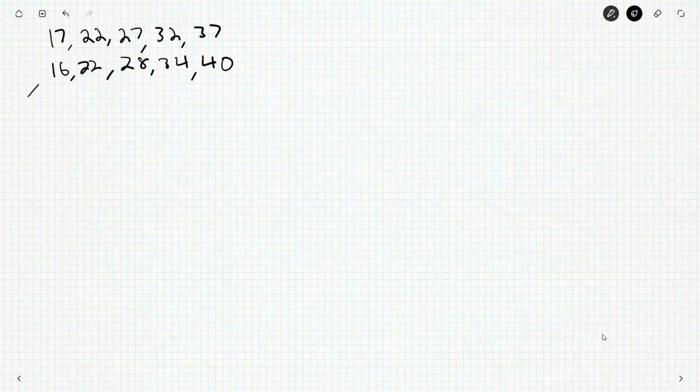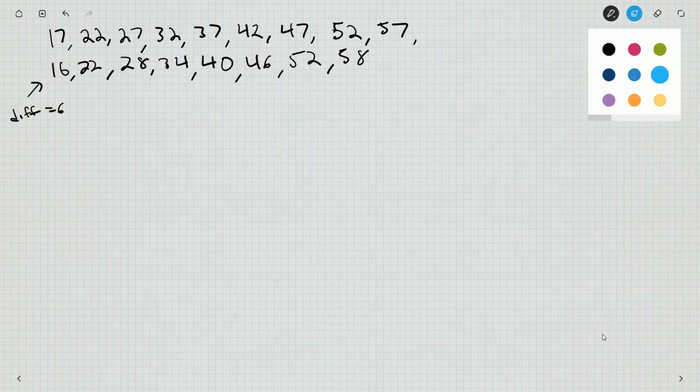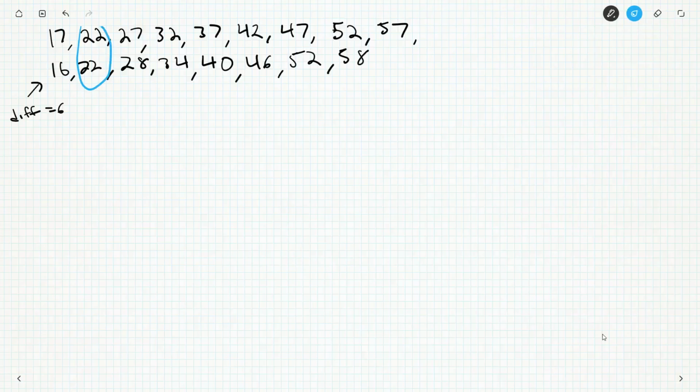40. So you might make the observation, difference of 6. Okay. We get 46, and we get 52 here. We can keep extending. So we have 58 here, but 37, and then it was 42, 47, 52, 57, and we can keep going, but notice the 22s are in common, the 52s are in common.